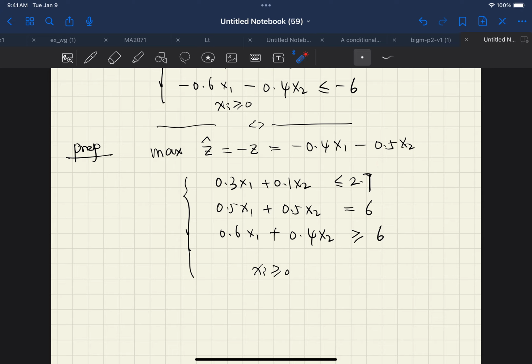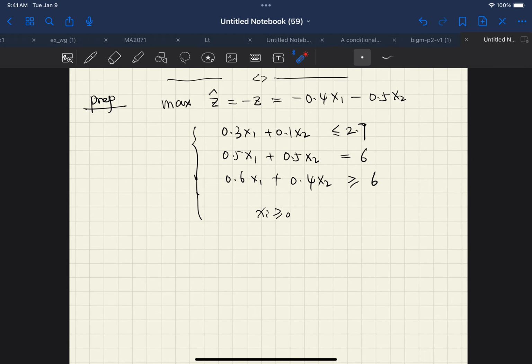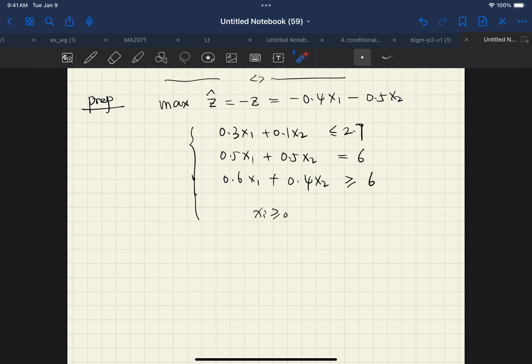Now we do the BigM method. So to do that, we can just copy the whole thing around.